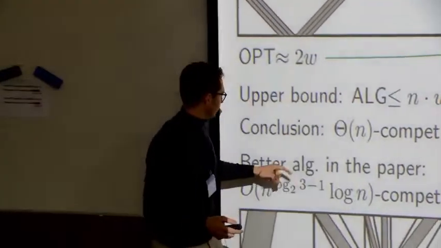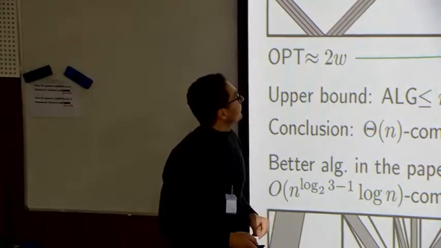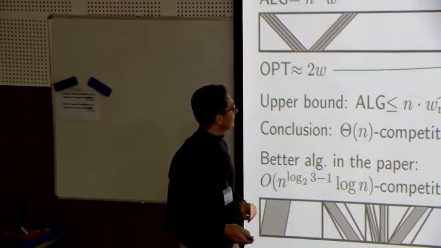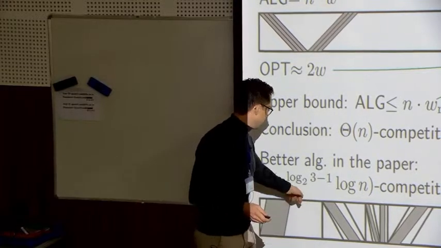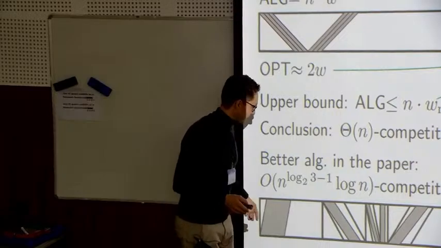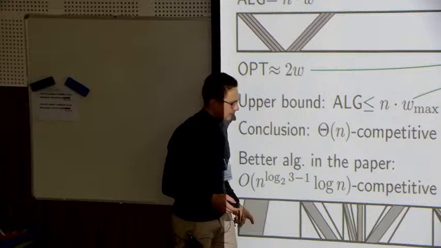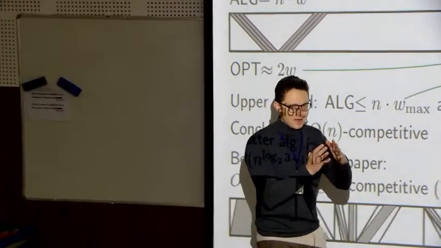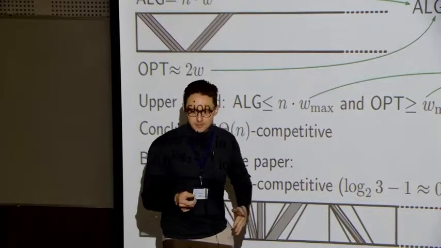So it's better than here, where we have 1.0. And in the end, I hope I will have time to briefly explain how this algorithm works, but it makes some packings that look like this, where it tries to allocate parts of the strip to pieces that have a similar slope.